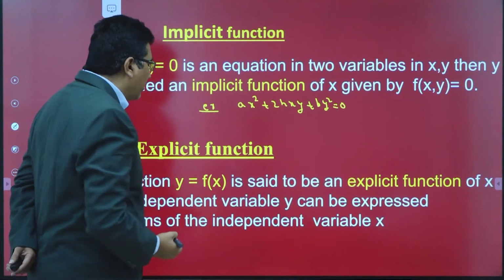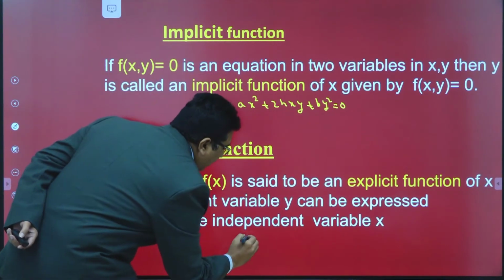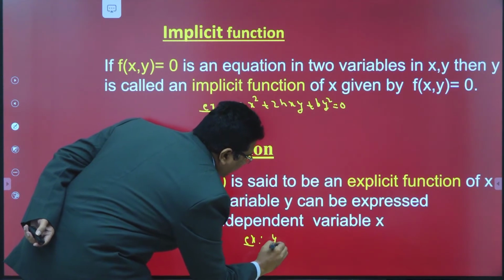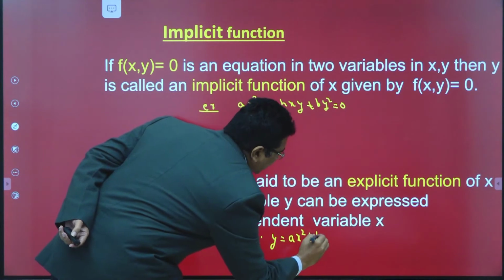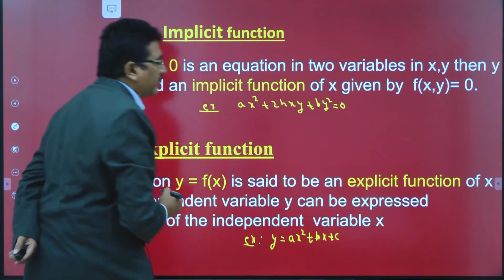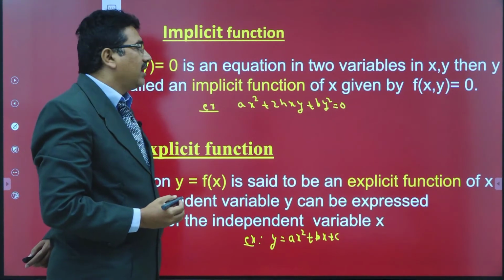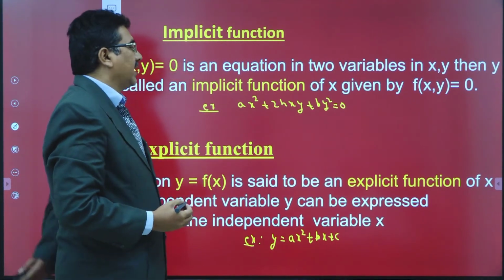Now, the example of an explicit function is y is equal to ax square plus bx plus c. So, this is implicit and this is explicit.